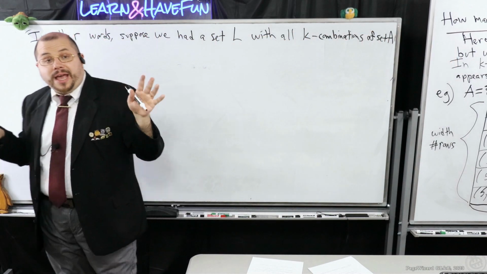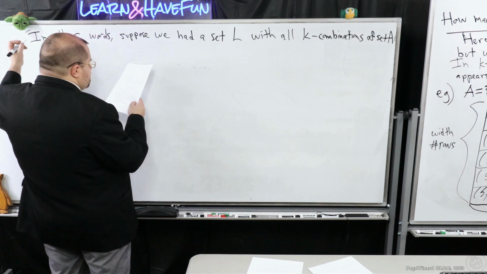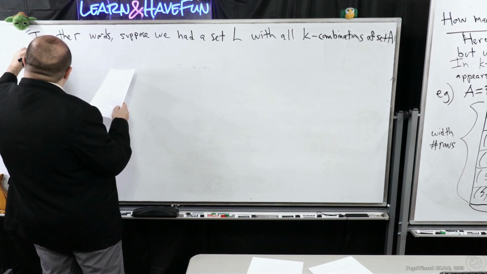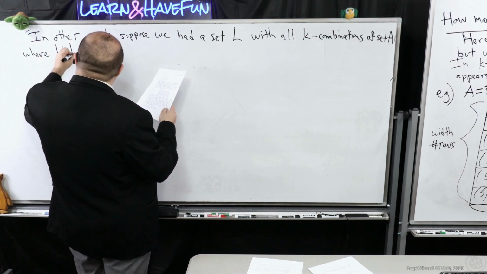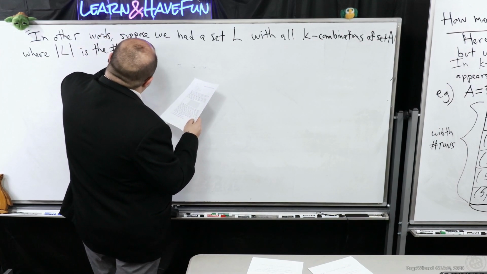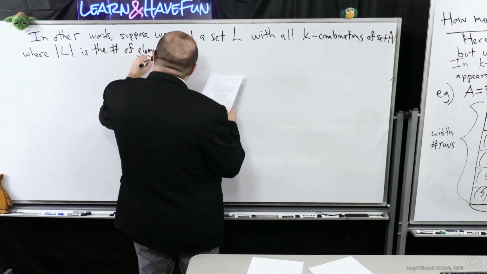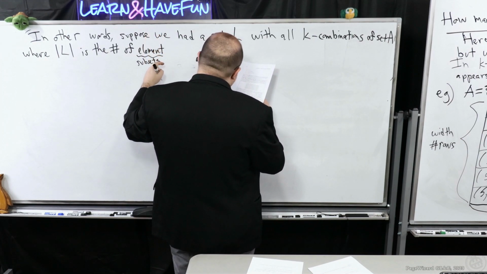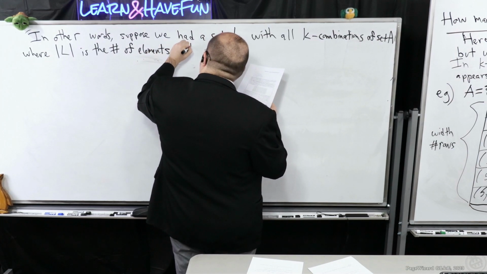We're just going to talk about k combinations of set A, where the size of L, or cardinality of L, is the number of elements. In this case, these are subsets, the k combinations. So I'll say elements in L.